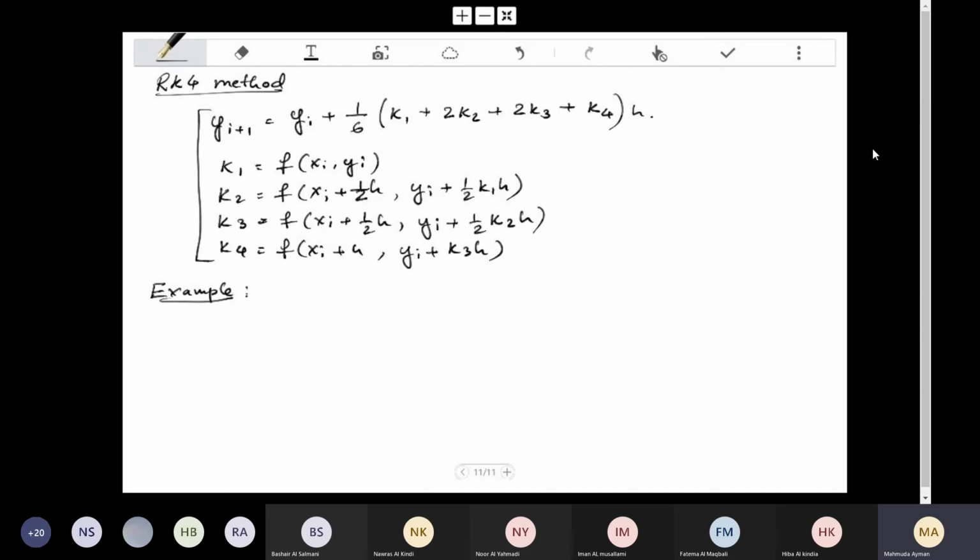So we have the function dy by dx is equal to 3e to the power minus x minus 0.4 times y, and the initial condition is the same again, so we have y0 is equal to 5, and we have to find y at the value of x is equal to 3 using step size h is equal to 1.5.